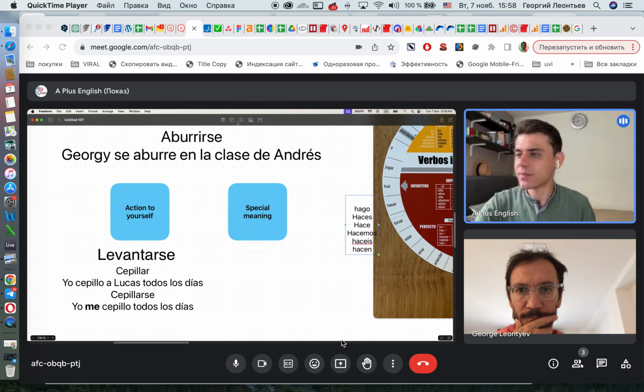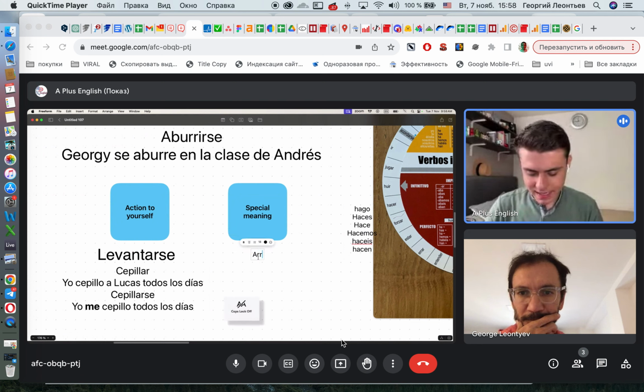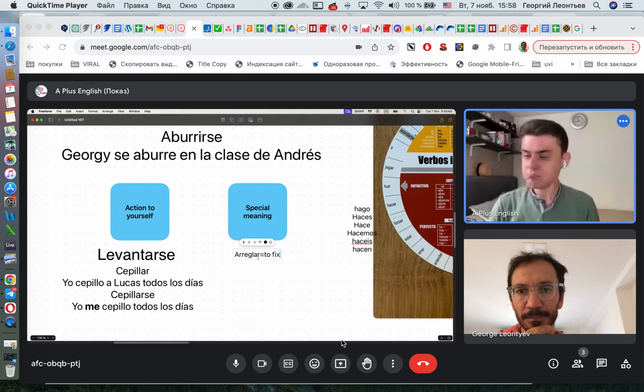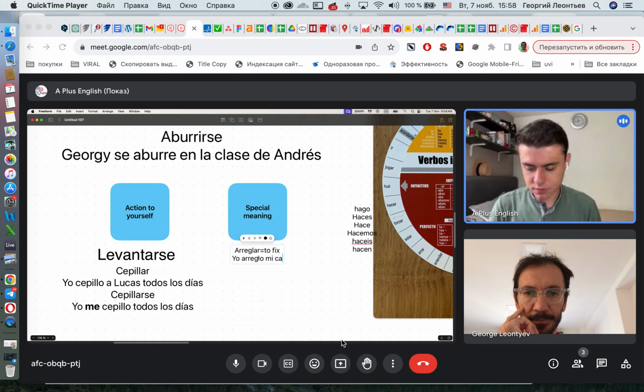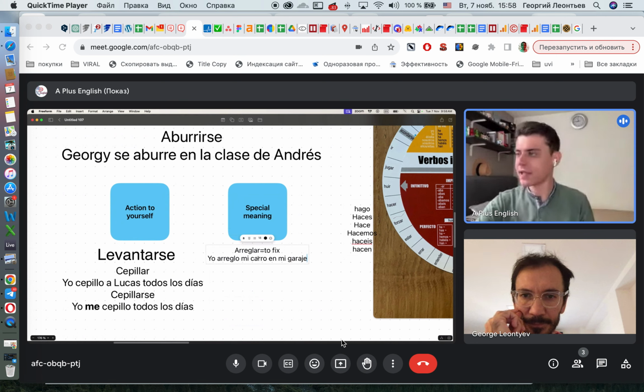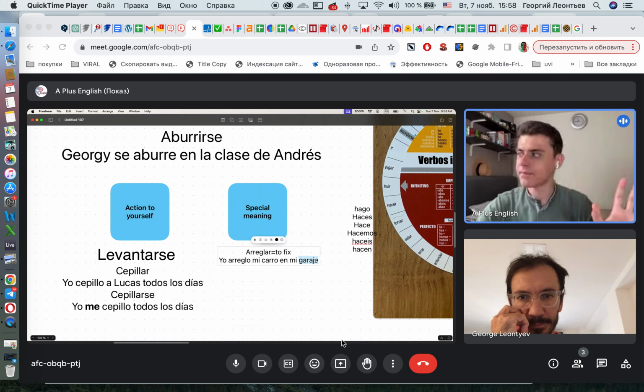The verb arreglar means to fix. So yo arreglo mi carro en mi garaje. I fix my car in my garage. Arreglar, to fix, right? Not a reflexive, just a normal verb, okay?